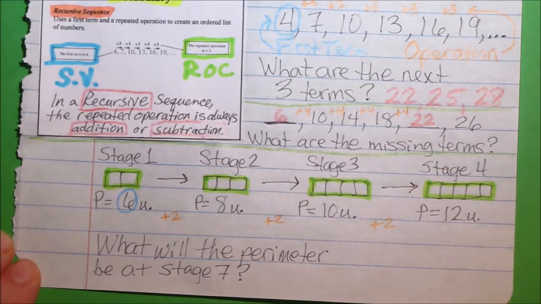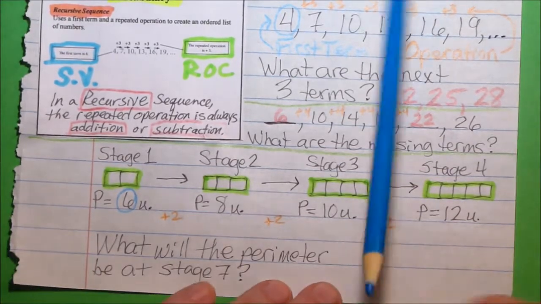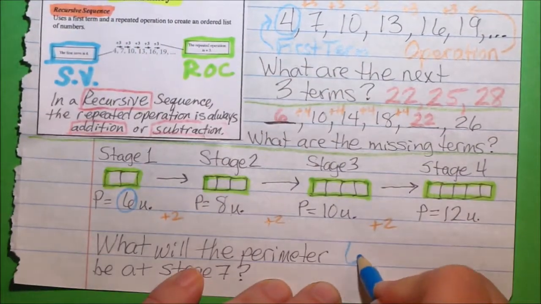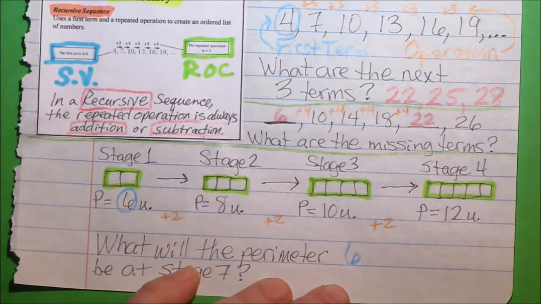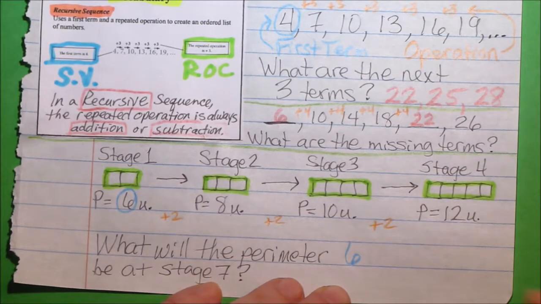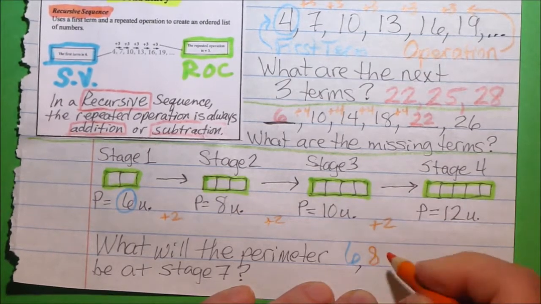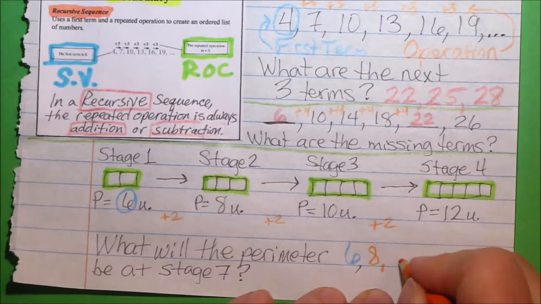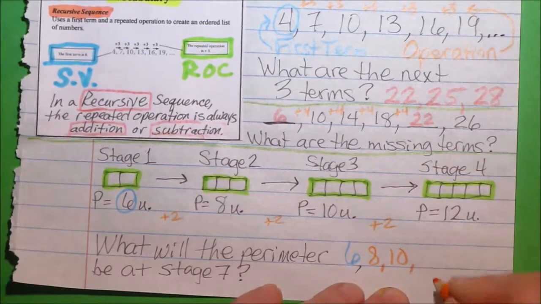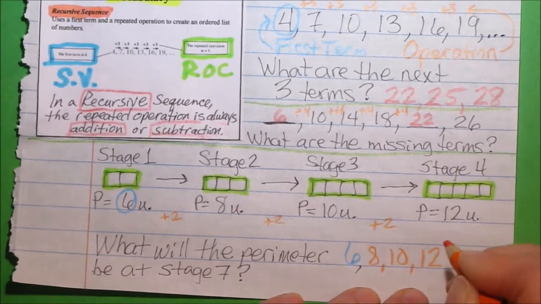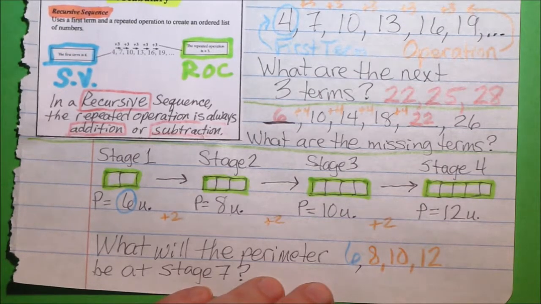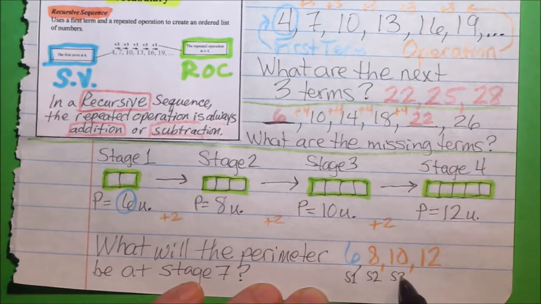All right? So, if my first term is 6, and then it goes on with 8, 10, and 12, and I know that this is stage 1, stage 2, stage 3, stage 4.